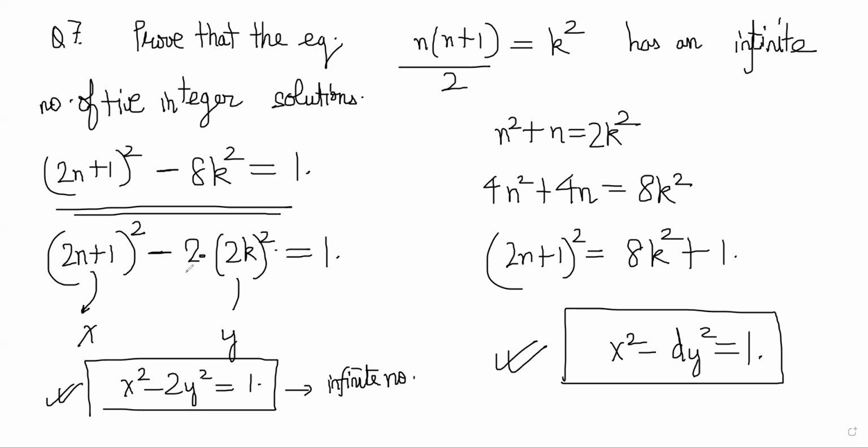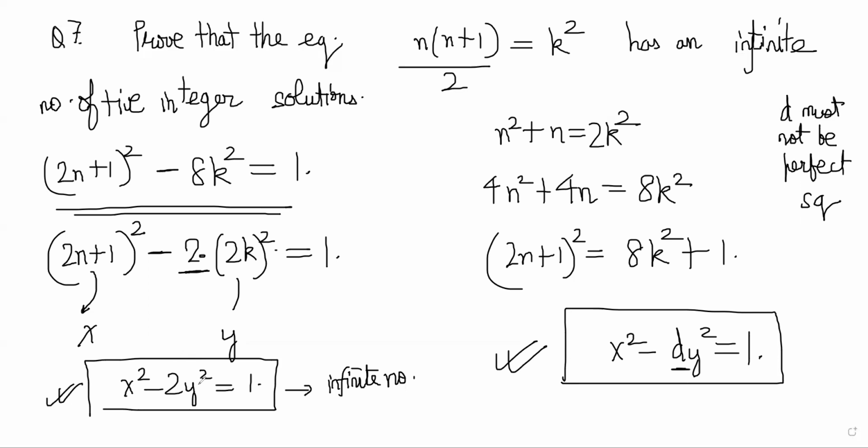Why did we take 2 here? Because we knew that in Pell's equation, D must not be a perfect square. So we have set it up in a form where it is in the Pell's equation form.